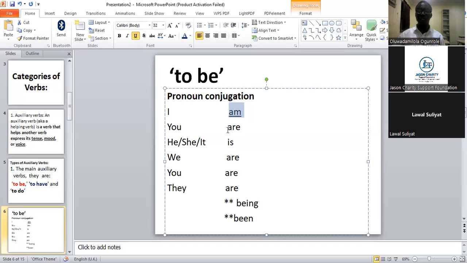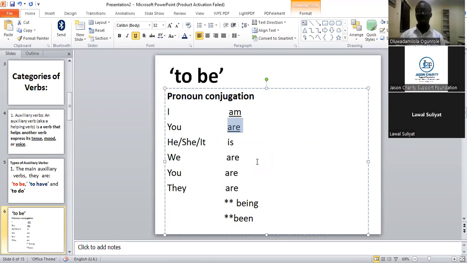Now, for you, the second person singular, you, we have are. So you can say you are doing this, you are saying this, you are going there. Now, for the third person singular, we try as much as possible to differentiate them by gender, or one that has no gender, which we call the neutral or the neuter gender.